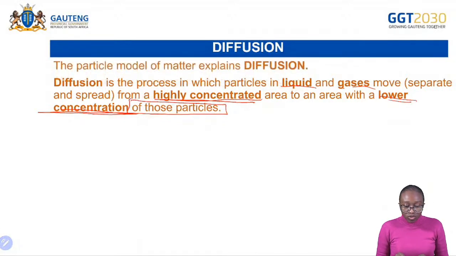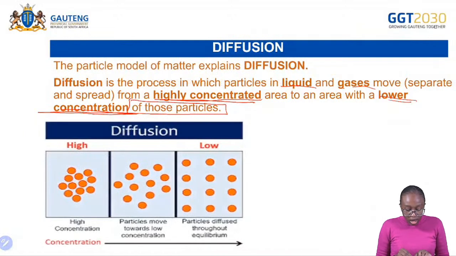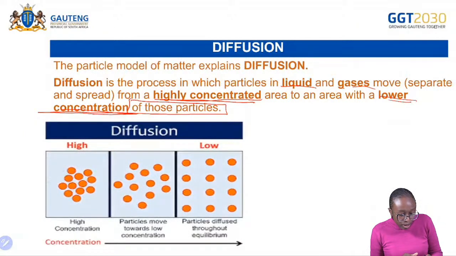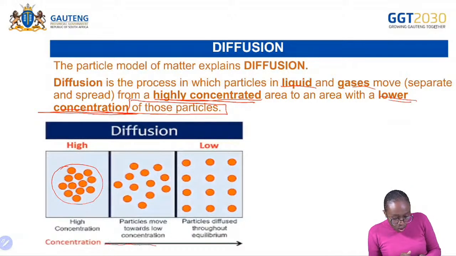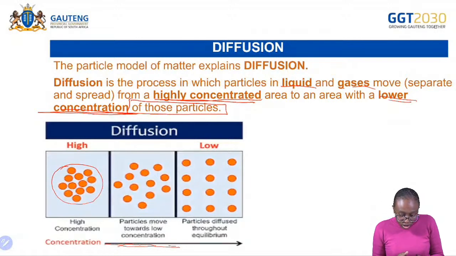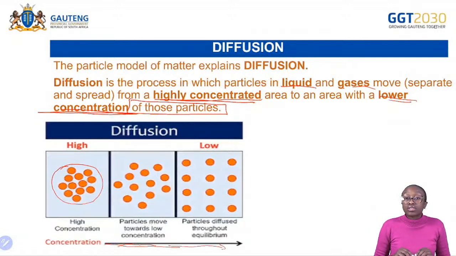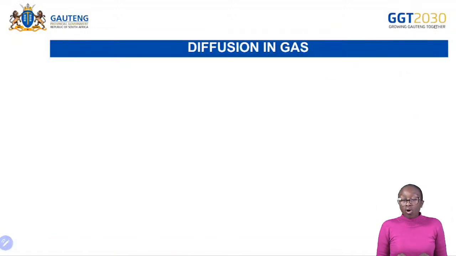All right. So this is diffusion. We have these particles in an area where they are highly concentrated. Then they start to move to an area where they are at a lower concentration. That is what we call diffusion.